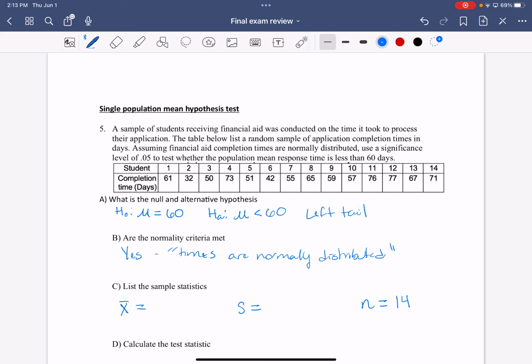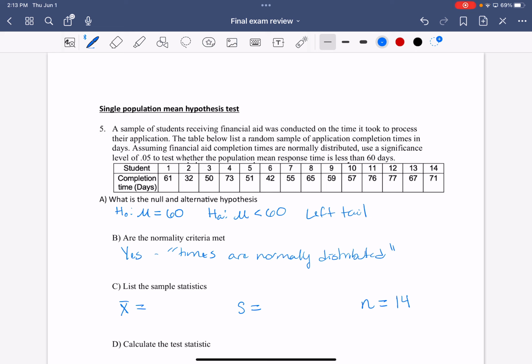Do you need to include the 1, 2, 3, 4, 5, 6 all the way to 14? No, right? It's just stating student 1, student 2, student 3. The only data you're entering is the amount of days it took to complete the financial aid application. So all you're entering into L1 is 61, 32, 50, 73, 51, and so on.